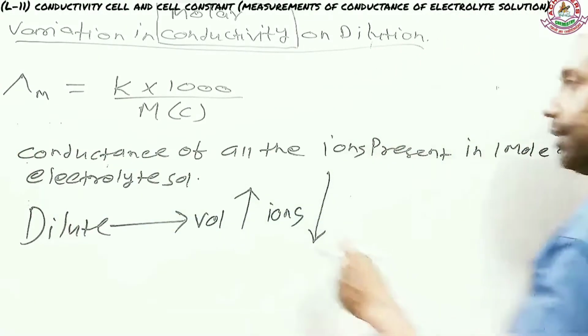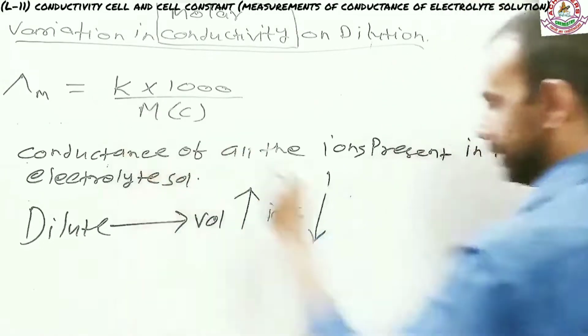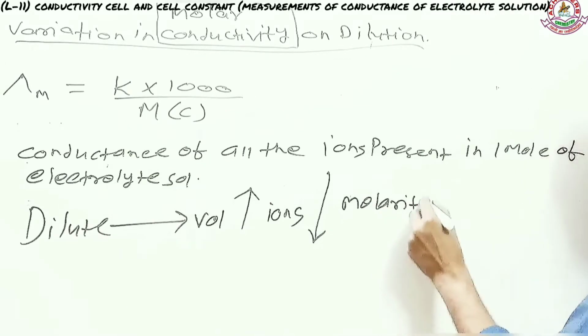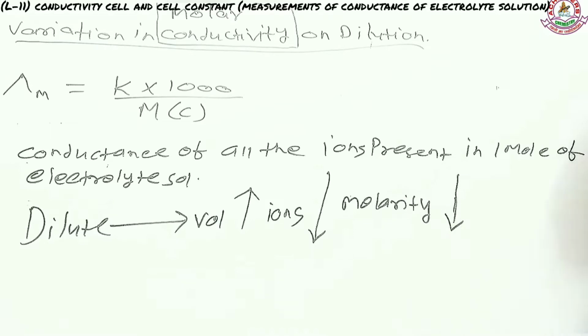So what we see is that if you are diluting, the molarity decreases. And if molarity decreases, you can also write it like this: the molar conductivity increases.